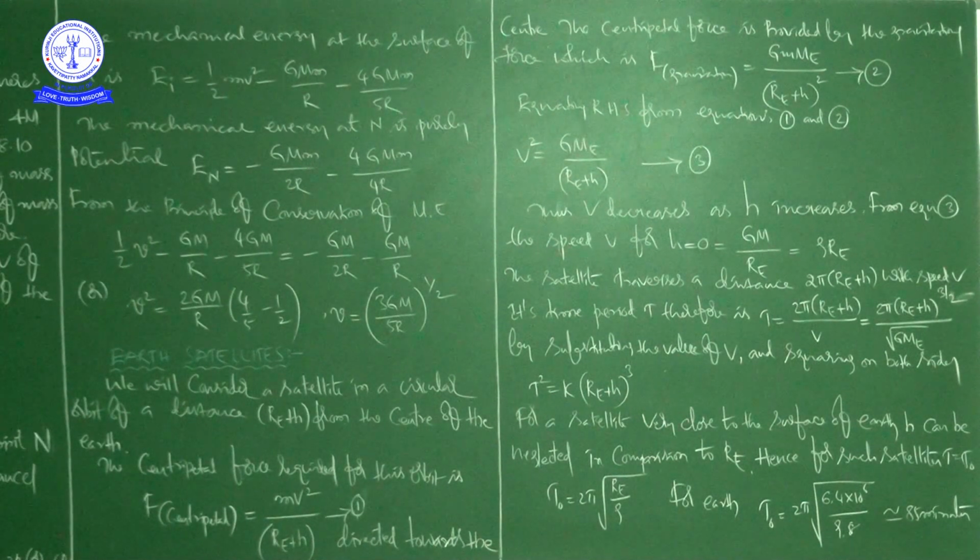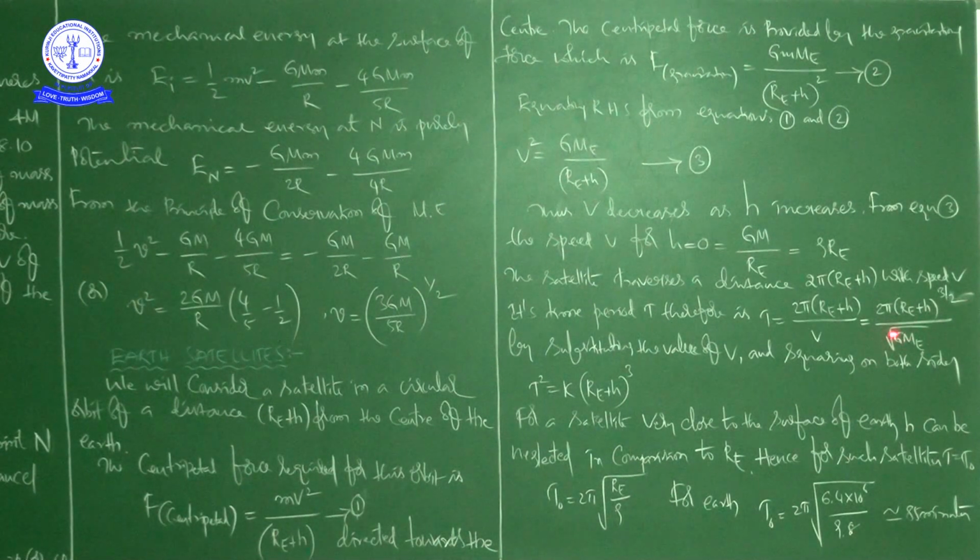Its time period capital T is therefore 2 pi into (R_E plus h) by v. Substituting the v value we got, we get 2 pi into (R_E plus h) whole to the power 3 by 2 by square root of GM_E.